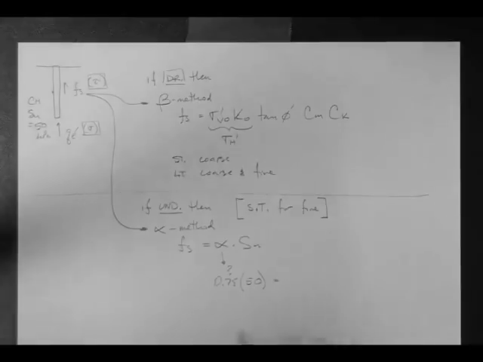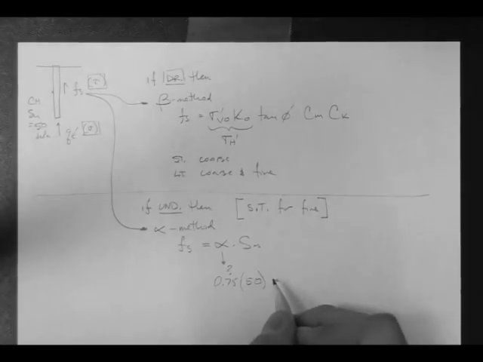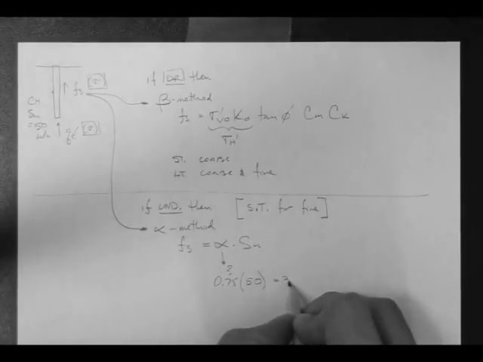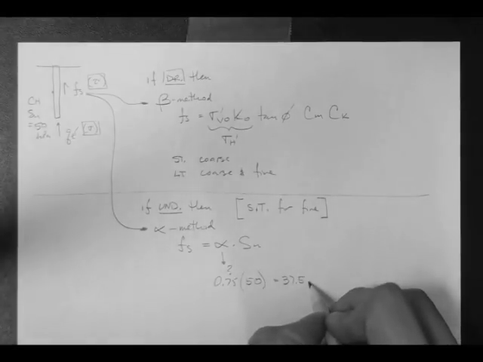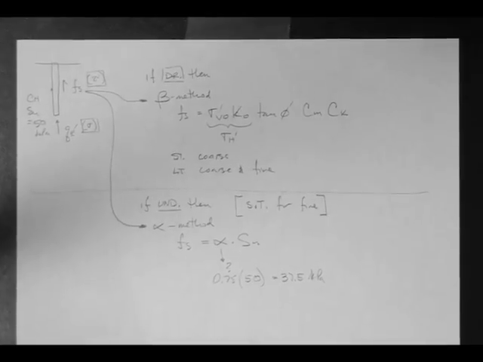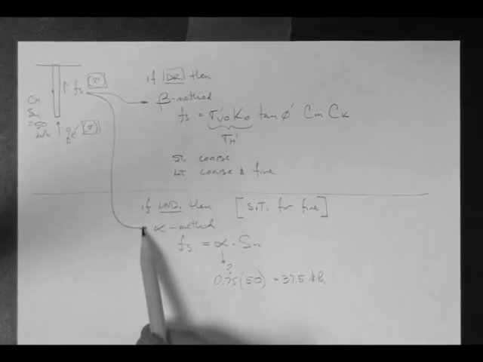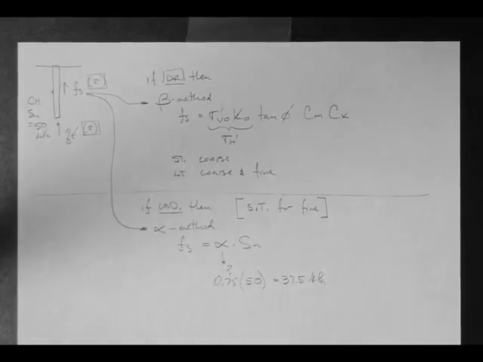Okay, sorry. So 0.75 times 50. So that's 37.5 kPa. Okay, so that's the method to determine Fs when we expect undrained conditions.